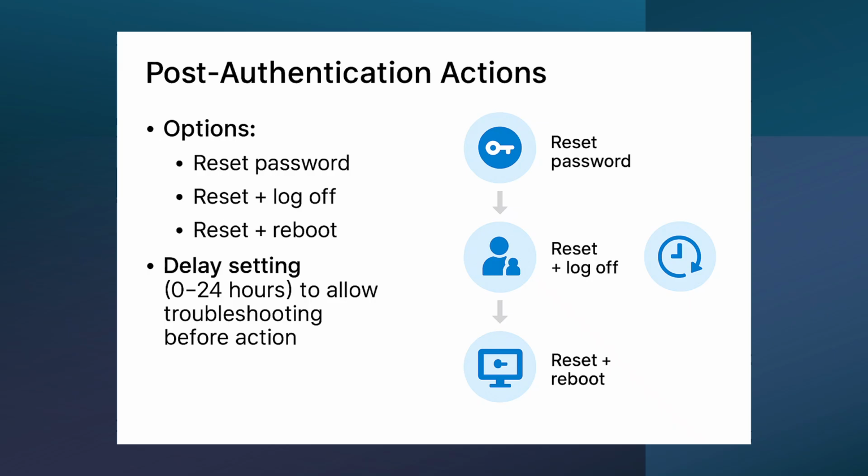It will wait for 6 hours on that particular device to reset the password. Suppose you forgot to log off from that device with that admin privilege, and you selected the option reset and log off after 6 hours, then you will be logged off from the system after 6 hours.